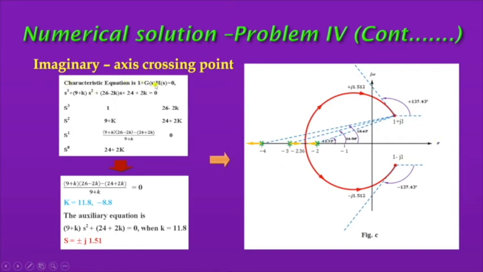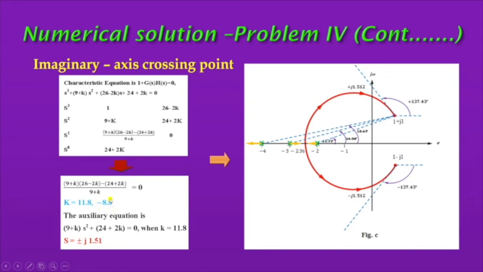Using the characteristic equation 1 plus GH equals 0, we get s cubed plus 9k s squared plus 26 minus 2k s plus 24 plus 2k equals 0. Using the Routh array, if this value is 0, then all values of this row are 0. Then find k: k equals 11.8 and the other is minus 8.8.